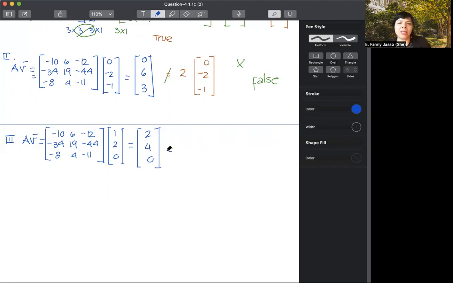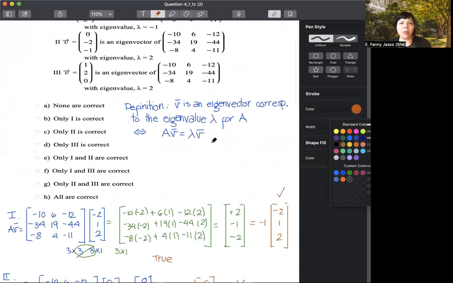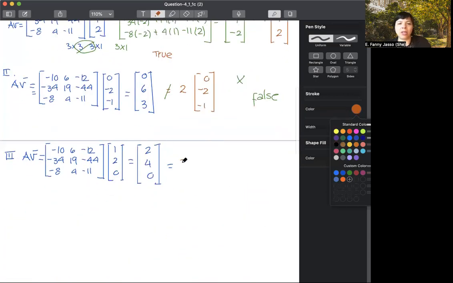And for this one, the question is, is this equal to lambda, which in this case is 2, times my original vector 1, 2, 0? And of course, the answer in this case is yes.